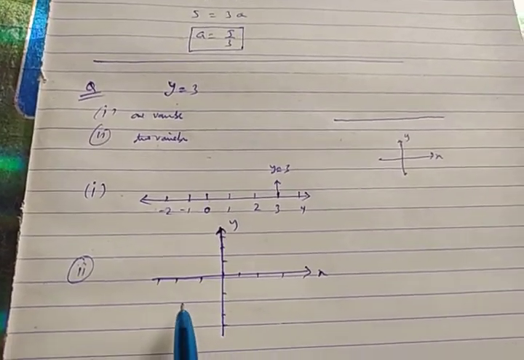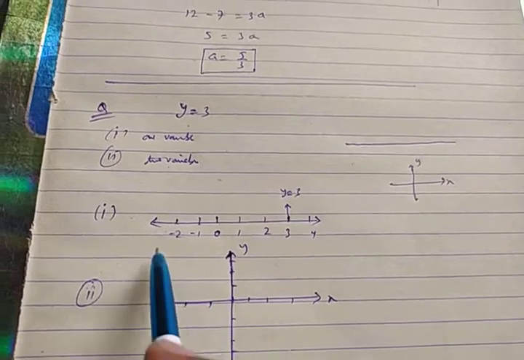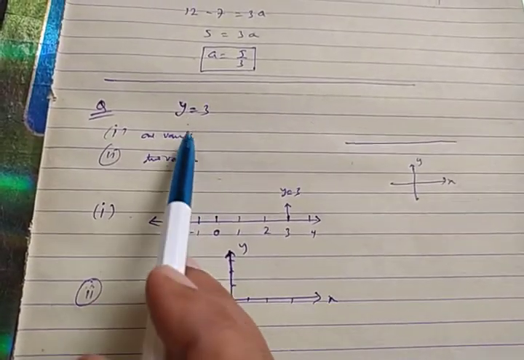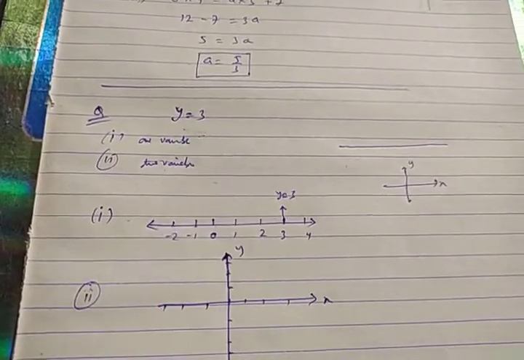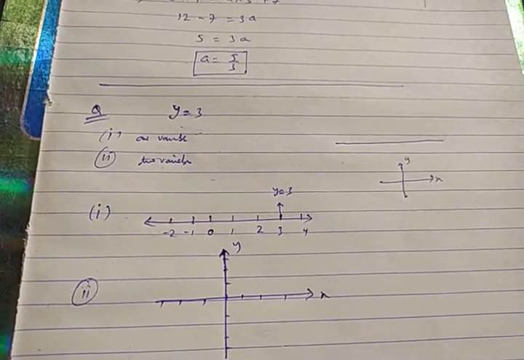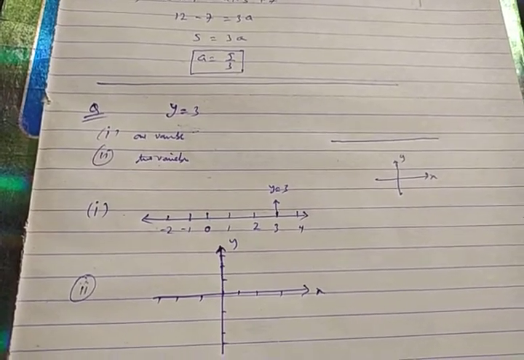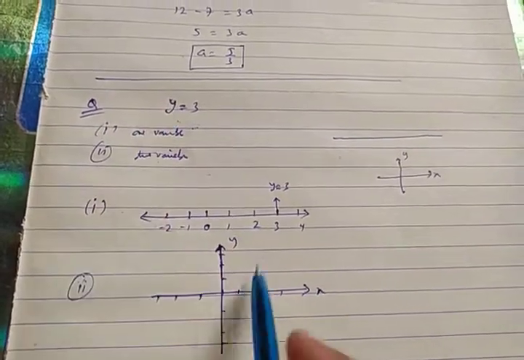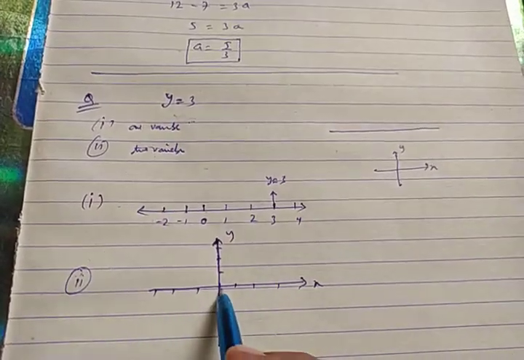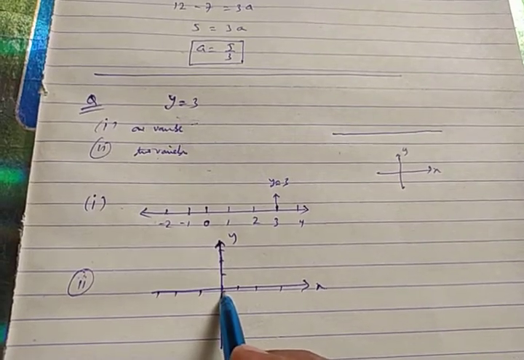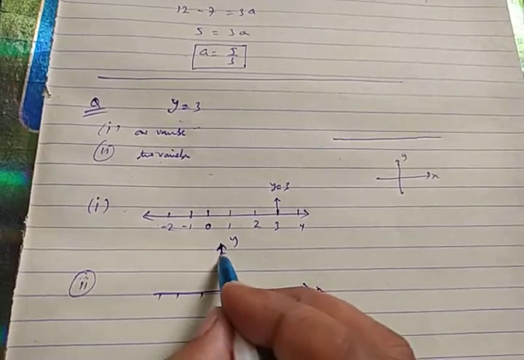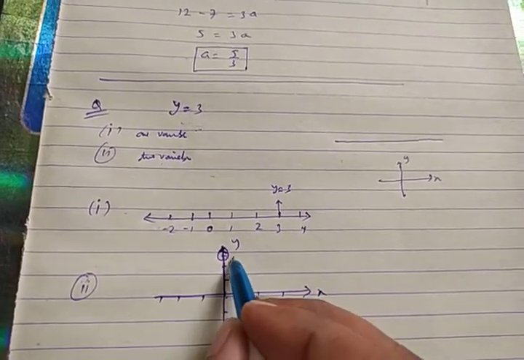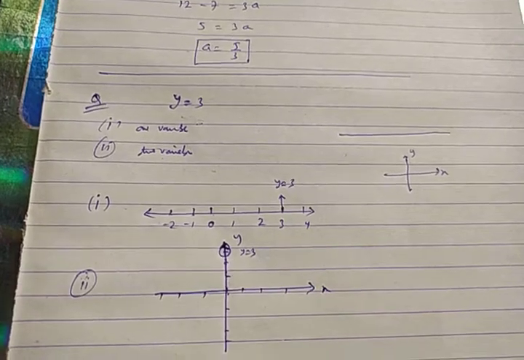When you talk about two variables, the variables will be x and y, but in this question x is not existing. It means the value of x would be 0. Then on the x axis there is nothing to move, on the y axis you will move 3: 1, 2, 3. It would be at this place. This is the representation of y = 3.